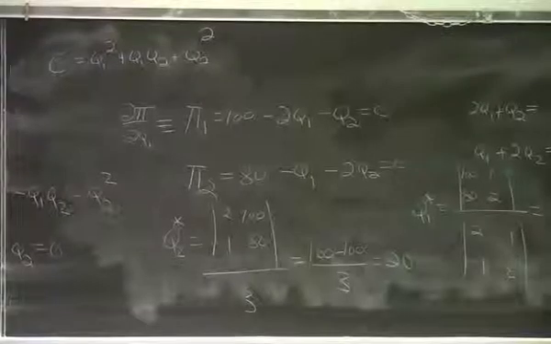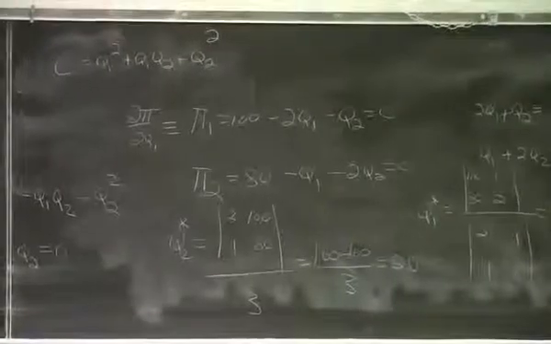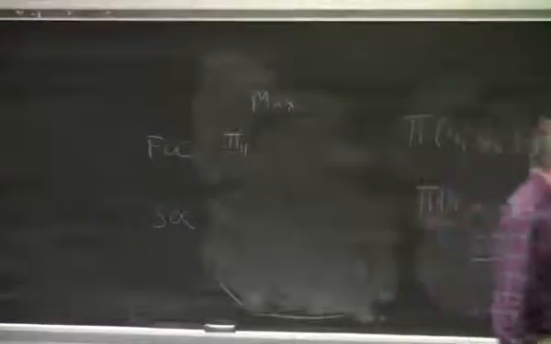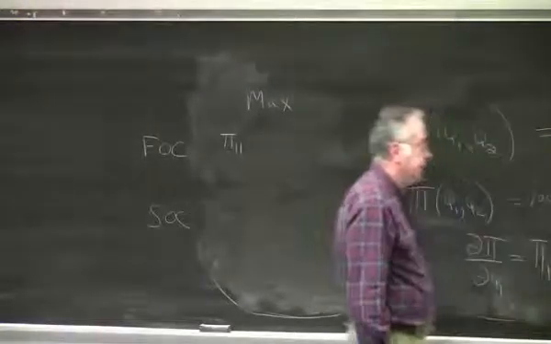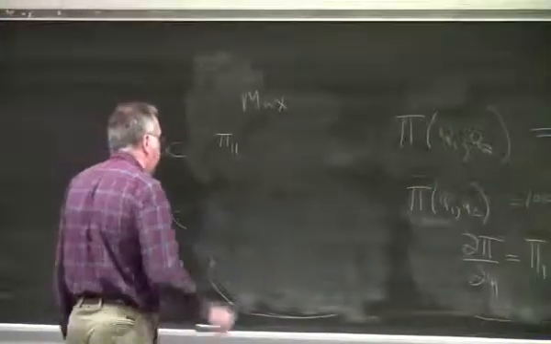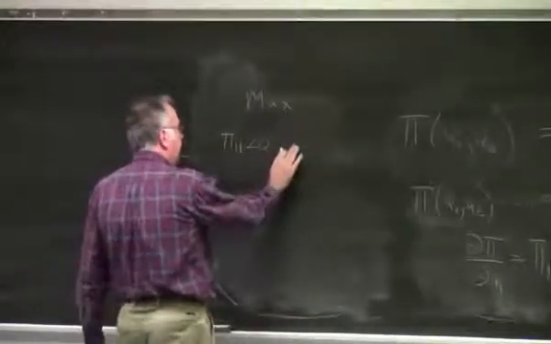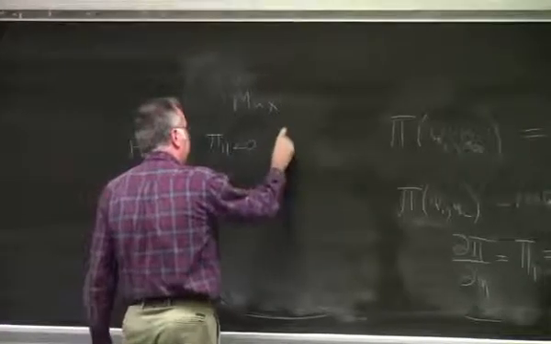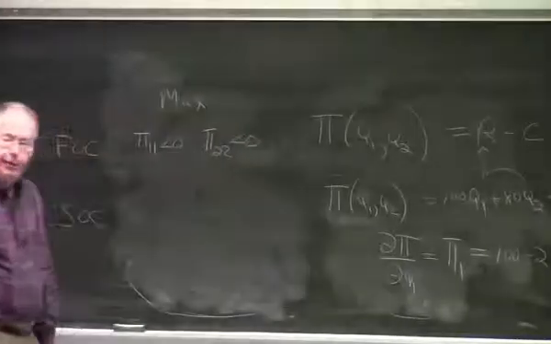Well, the easiest notation would be pi sub 1, 1. So pi sub 1, 1 is the second derivative of profit with respect to q1. It's just a derivative of pi 1 with respect to q1. So that corresponds to what we had before, f sub xx. So we want this to be negative. We're searching for a maximum. And what is the other one? Instead of f sub yy, now we want pi sub 2, 2, the second derivative of profit with respect to q2.